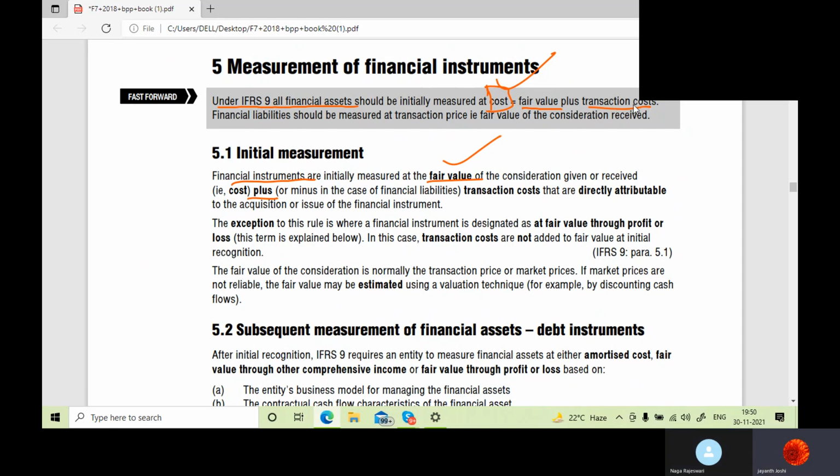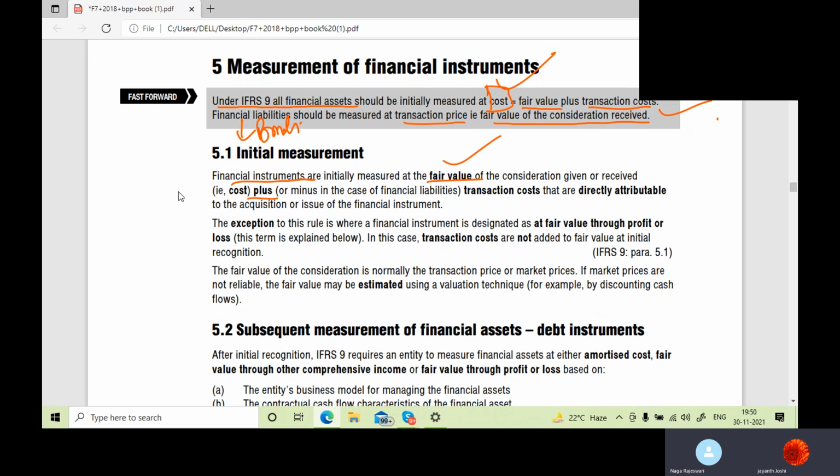plus transaction cost, which you need to pay to agents and all. And a financial liability should be measured at transaction price, that is fair value of the consideration received. That means the price at which you are issuing your bonds. So financial liabilities, I'm speaking about bonds, should always be measured at transaction price.